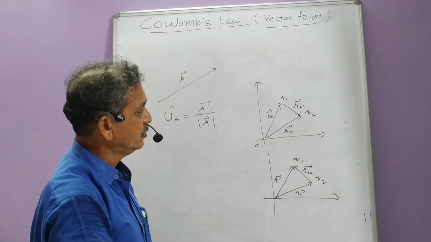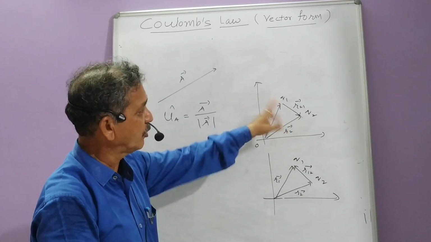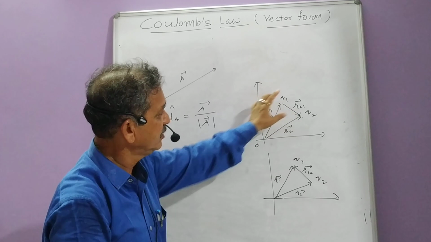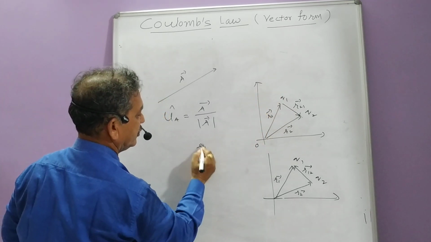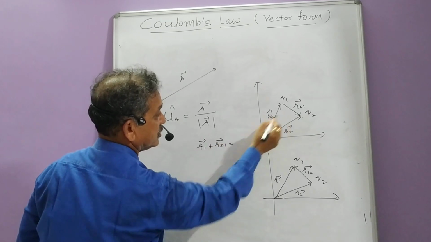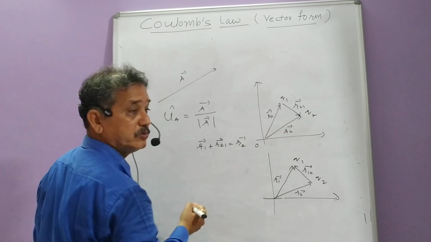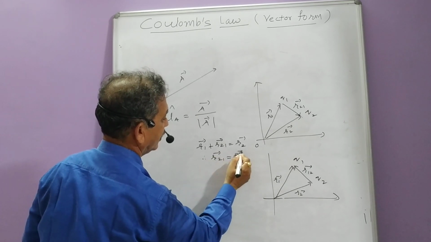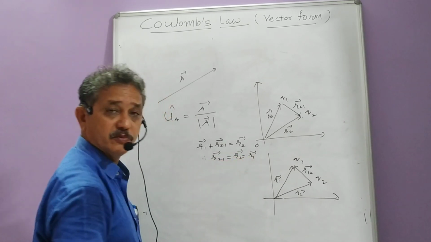Is that clear? So here, what will be the formula of R21 according to the method of triangle? This is the first vector, this is the second vector. According to this diagram, vector R1 plus vector R21 is equal to vector R2. So you can write vector R21 is equal to R2 minus R1.